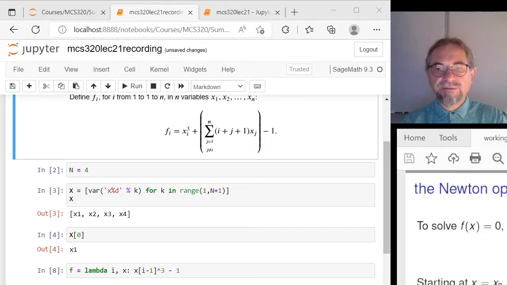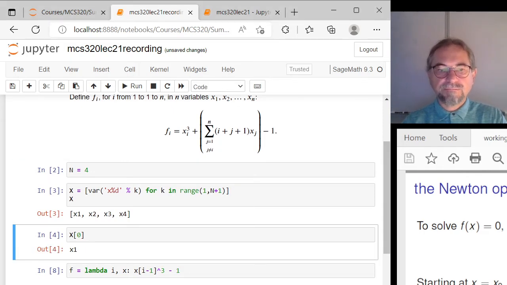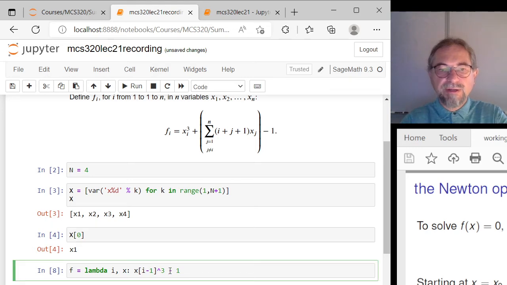So here we have the f that I'm going to extend with the sum of the coefficient i plus j plus 1 times xj, but it will be again xj minus 1 because the indexing starts from 0.